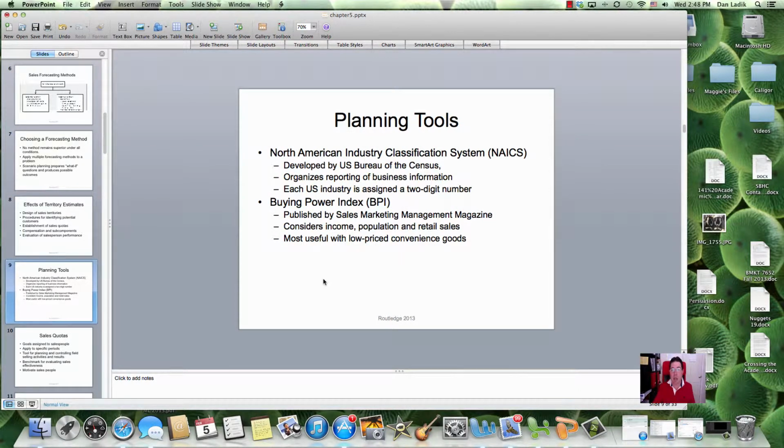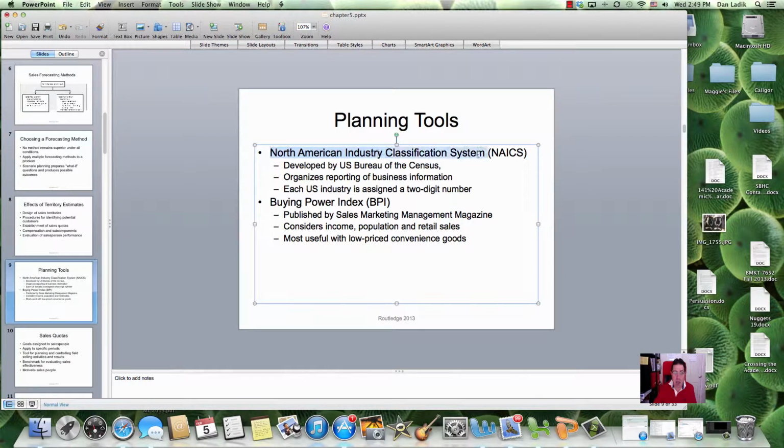Now, to help plan ahead, well, how do we come up with some of these numbers? They used to be called SIC codes, but now it's a better number than that. That's more detailed. We basically can find out the total population of customers.